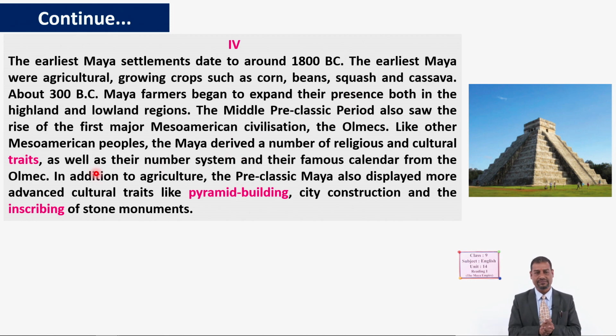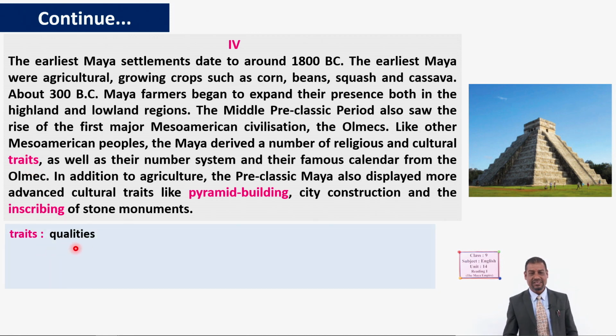Let's talk about them. Now, traits, T-R-A-I-T-S, traits. What does it mean in this text? You just try to guess the meaning. Now tell me. Okay, you are right. Traits means qualities, features, characteristics. Good job.